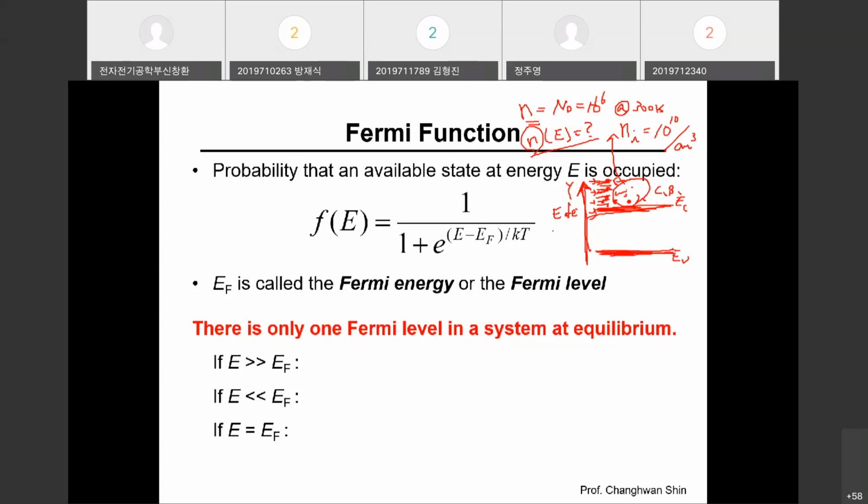Since you know the total number of electrons in the conduction band, which is 10 to the 10 in pure silicon material, or 10 to the 16 if your donor concentration is 10 to the 16 at room temperature, you know the total number of electrons. But my question is, how many electrons at each energy level, not in the whole region of the conduction band? What kind of information do we have?